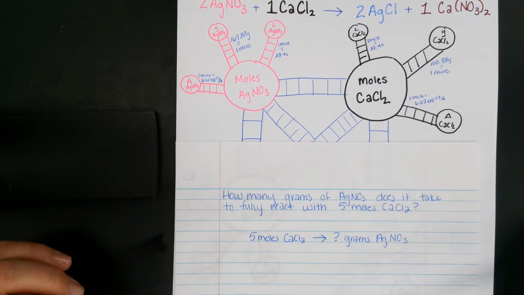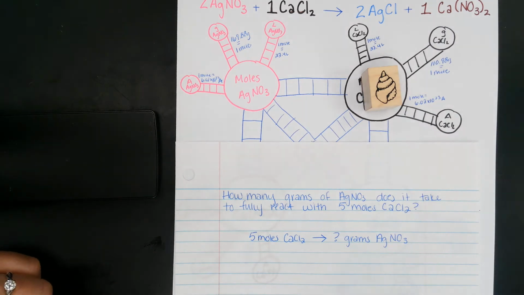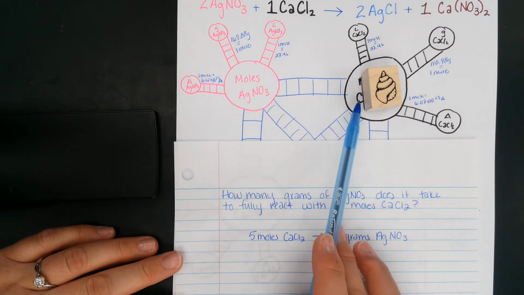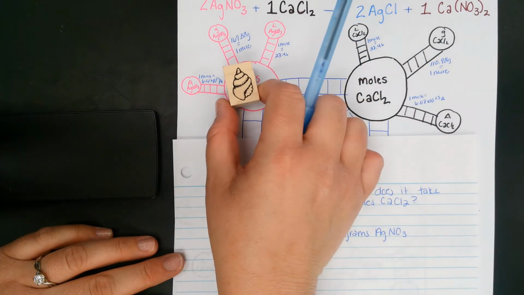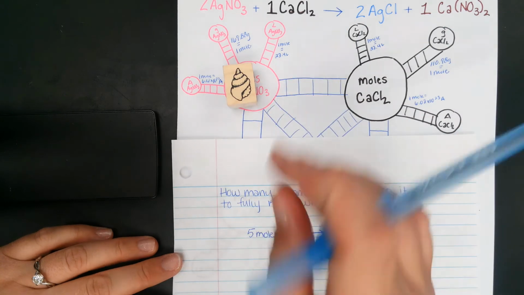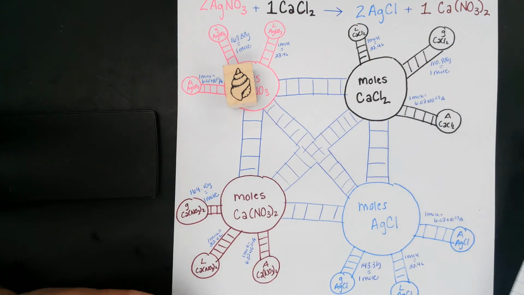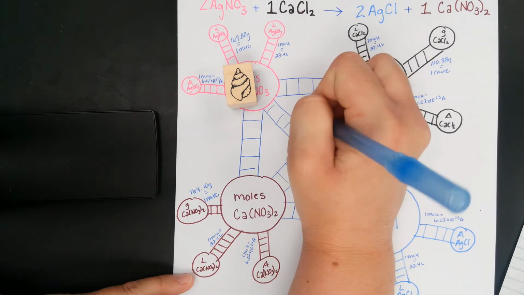So we go from moles of calcium chloride, and we're trying to get to grams of silver nitrate. The first bridge we're going to have to cross is this bridge here. For this bridge, from moles to moles, what we're going to utilize is the balanced equation. Any of these bridges in here, we're always going to use the balanced equation.